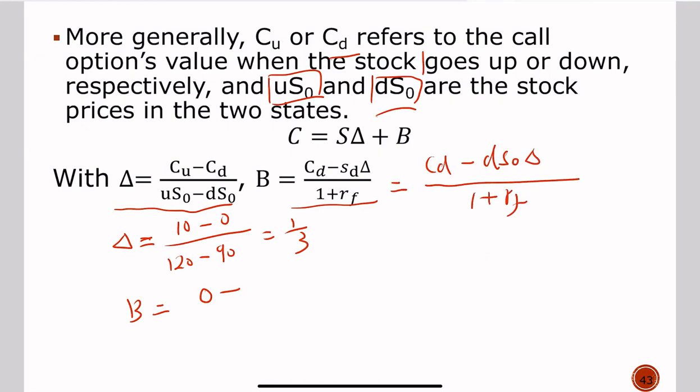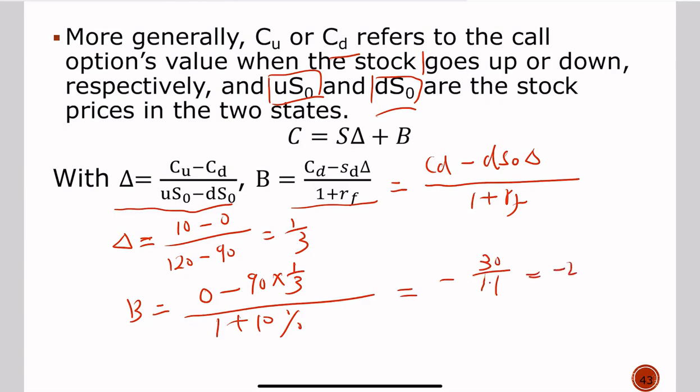So here DS0 is the share price when the price is down, right? So you can see that you should use 90 here. And delta is 1 over 3, and 1 plus 10%. So again, this gives you minus 27.